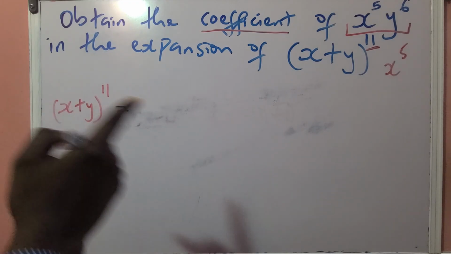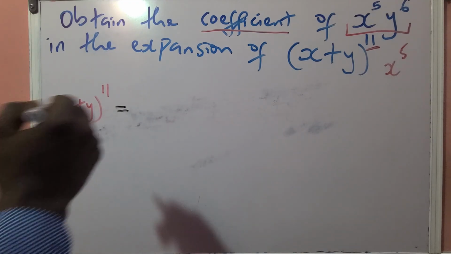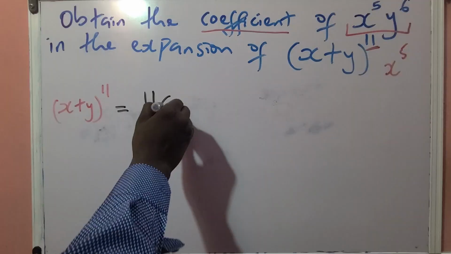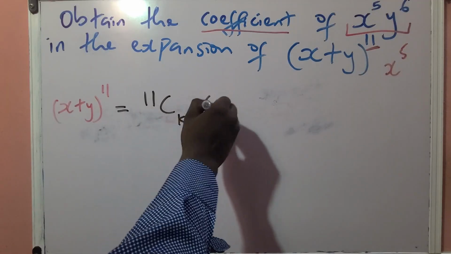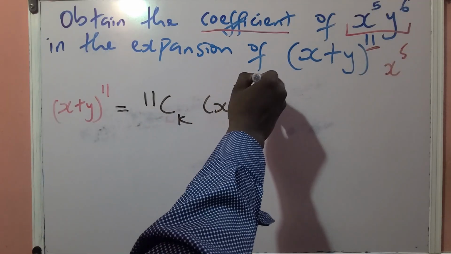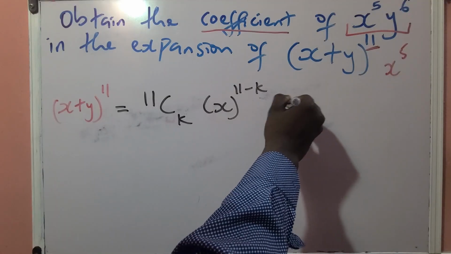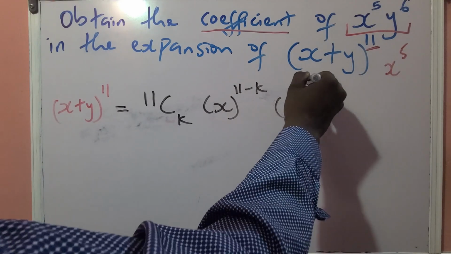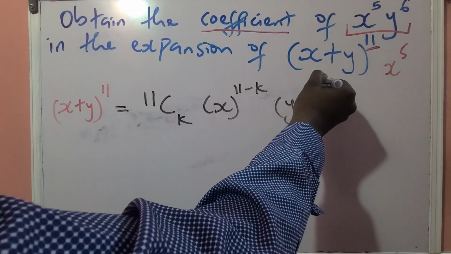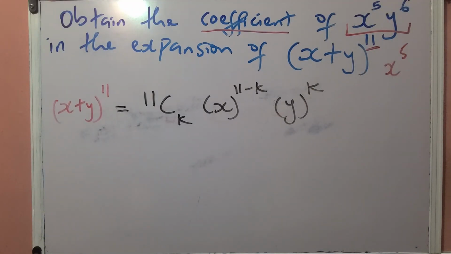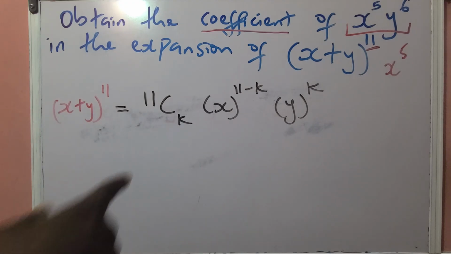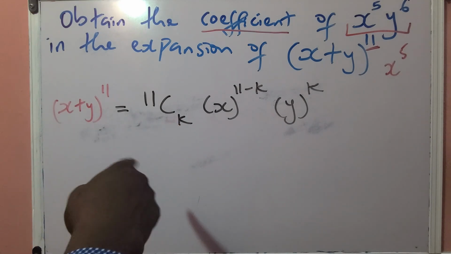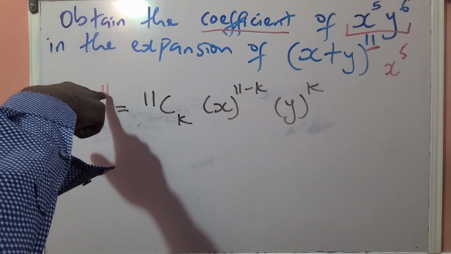So if we're going to expand this using binomial theorem, we'll be having 11 combination k, x raised to power 11 minus k, then y raised to power k. If we wanted to really expand this, we will then give a value of k, and k will range from 0 up until n, which is 11 here.